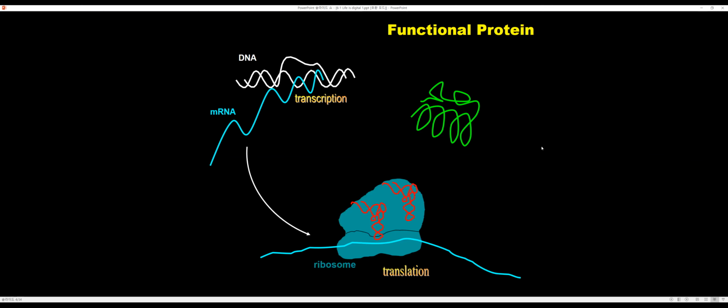What is the name of the helper? Anybody? Chaperone. It was a chaperone. A chaperone is another kind of protein, and that protein helps to fold this linear structure into the folded structure.